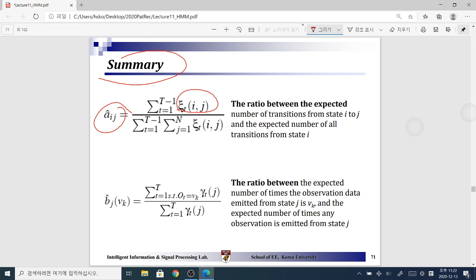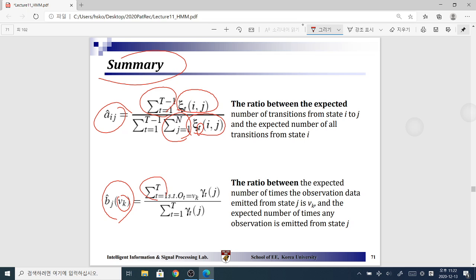So by obtaining the psi sub t of ij, for the numerator you are just summing over all time, and for the denominator you are summing over all time as well as summing over all j. So that will be the transition probability.